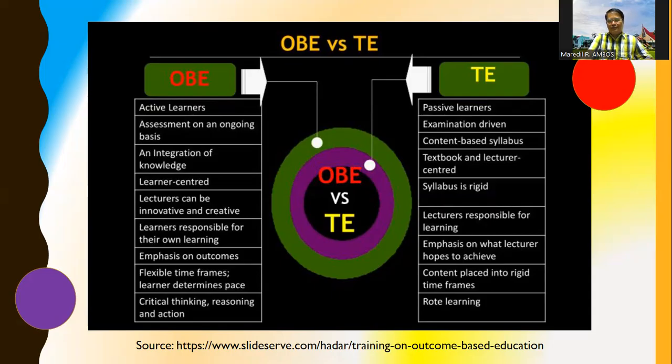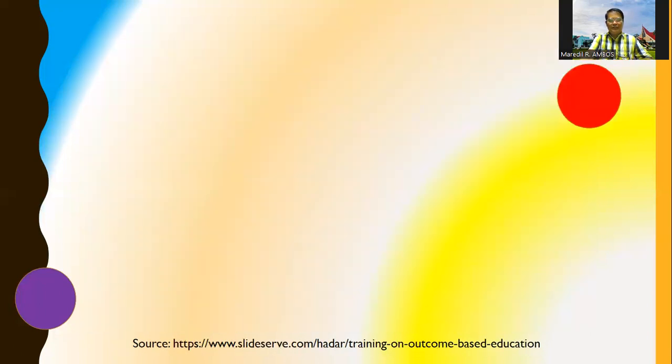And there is rote learning. However, in outcome-based education, it's flexible in time frame, and there is critical thinking, reasoning and the action or the doing. That's the comparison of outcome-based education and traditional education.